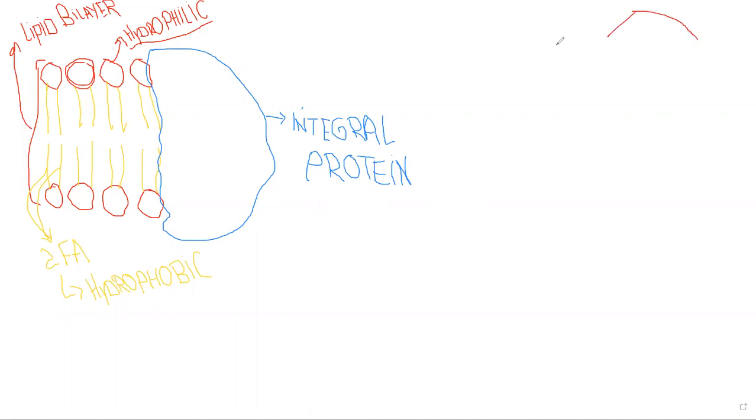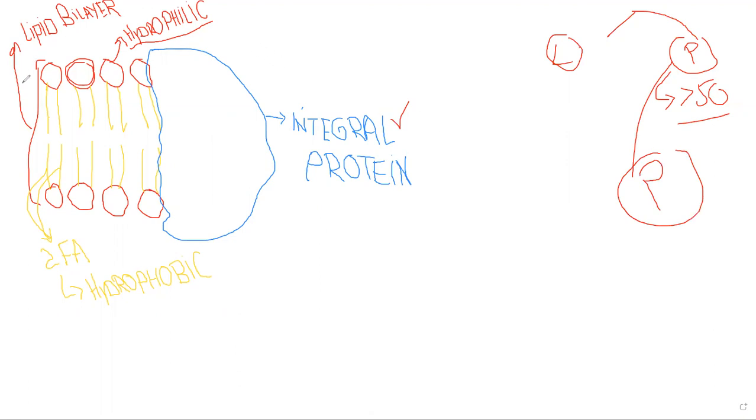One is lipid, and the second is mainly protein. Protein constitutes more than 50% of the cell membrane, and there are two types of proteins. One is called integral proteins and the other is called peripheral proteins.